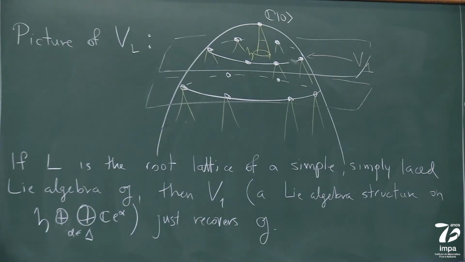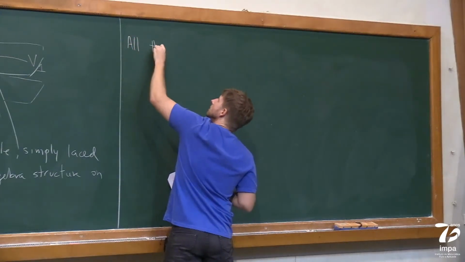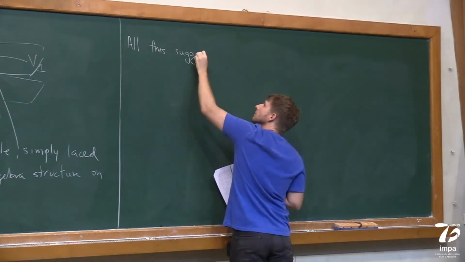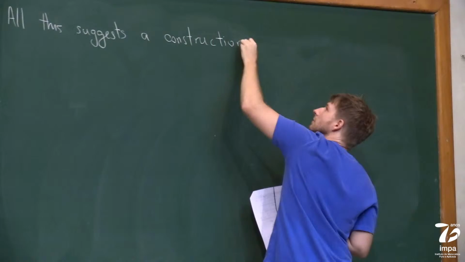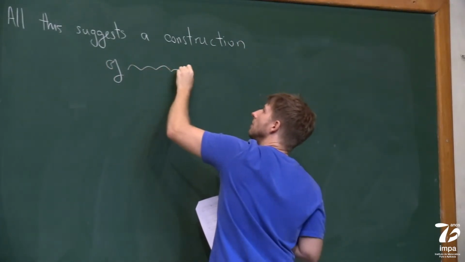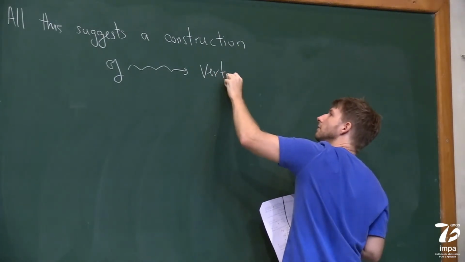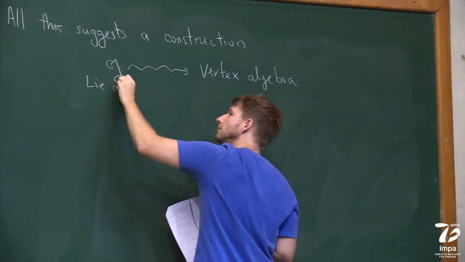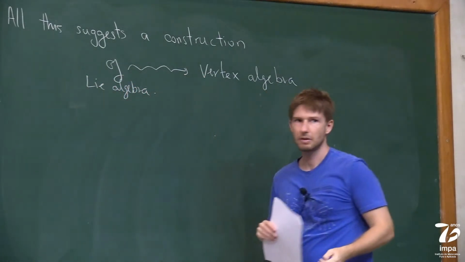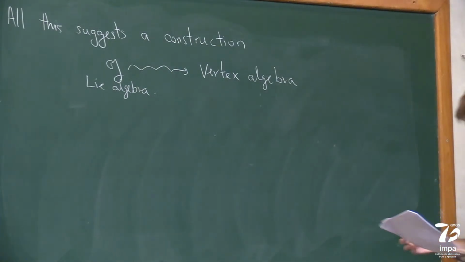Okay, so all this suggests that maybe there's actually a way of starting with a Lie algebra and producing a vertex algebra directly. Indeed, there is such a construction, so that's what I'll describe now.